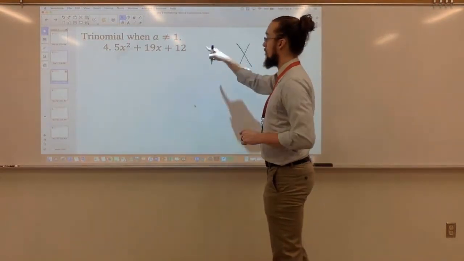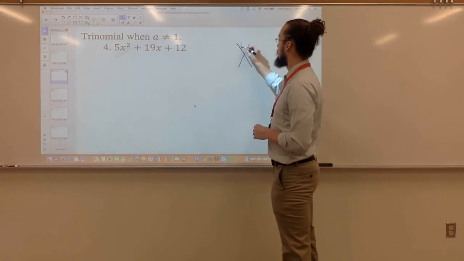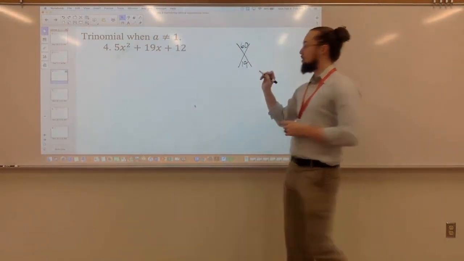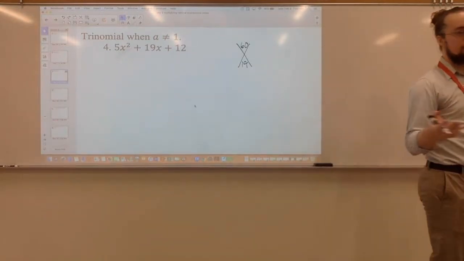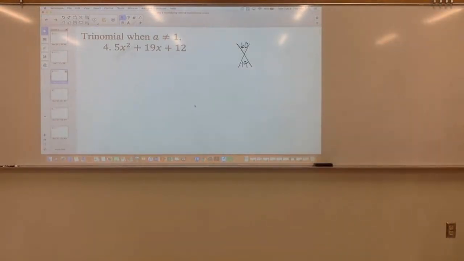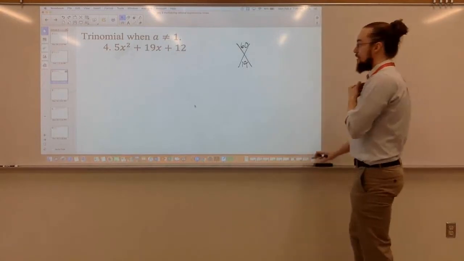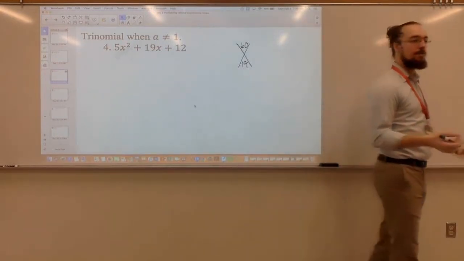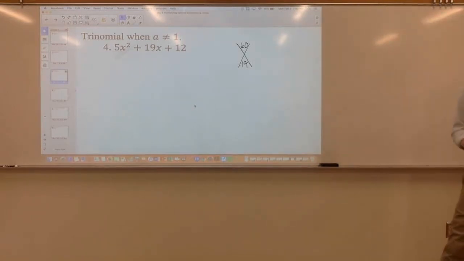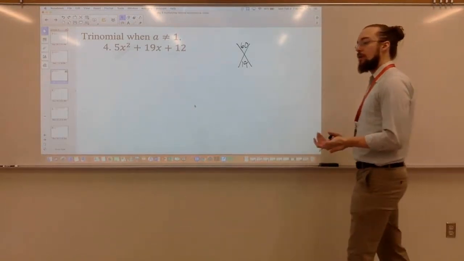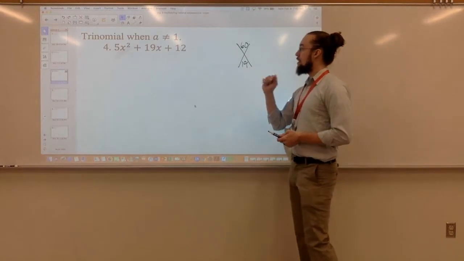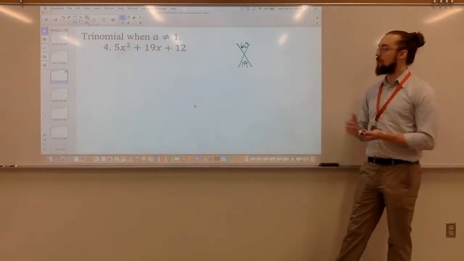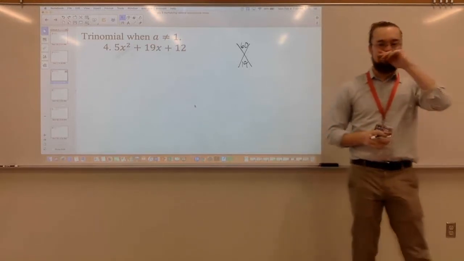So I multiply 5 and 12, which are my a and c, and put that up top. And put my b down here. So again, I'm looking for two numbers that multiply to 60 that add to 19. When we get larger numbers like this, it might not be immediately obvious. It was pretty obvious in the last problem that we needed to use 3 and 4 to get to negative 7. But here, it might not be so obvious. We've got larger numbers, so what do we do here?